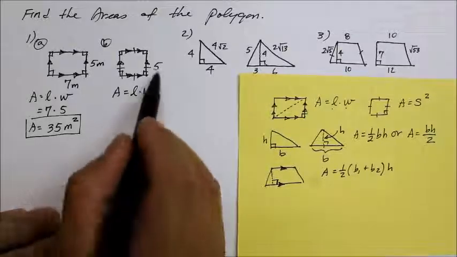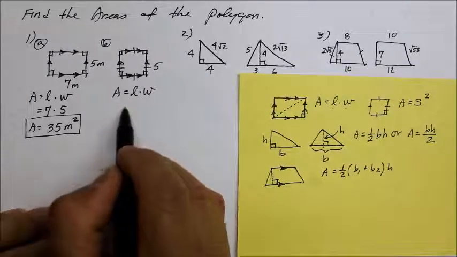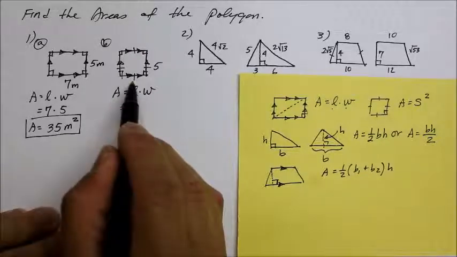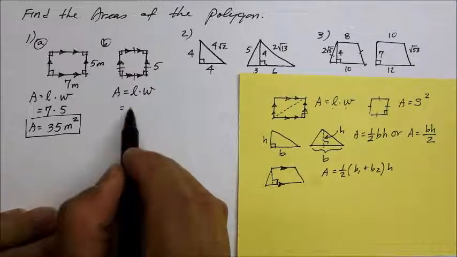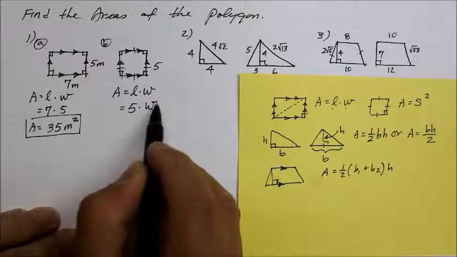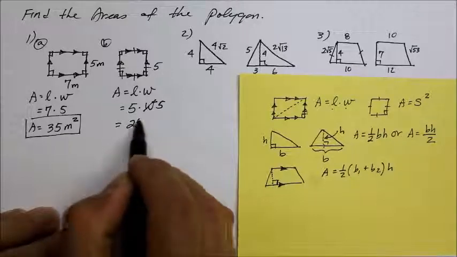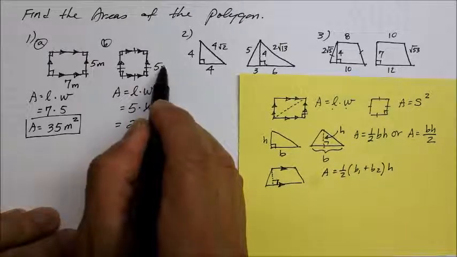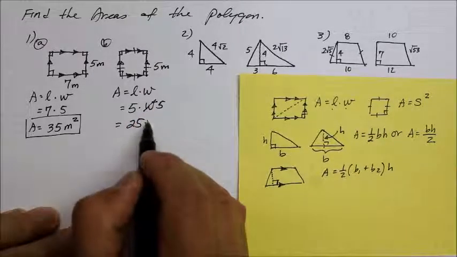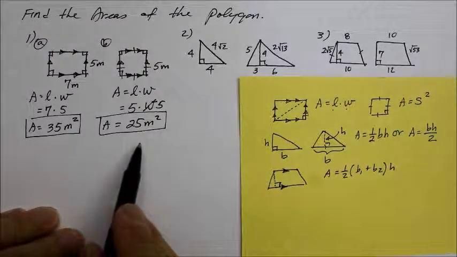So in this case, side squared, 5 squared is going to be 25. Or in this case, length is going to be 5 because it's congruent to that line. Width is also given as 5. Therefore, 5 times 5 is 25. And if that was given in a measurement of meters, this will be meters squared. Pretty straightforward, isn't it?